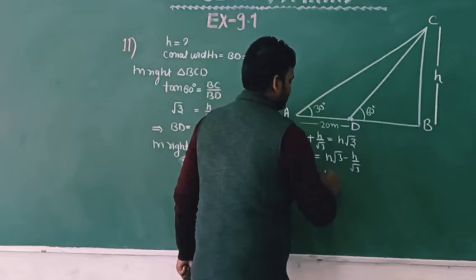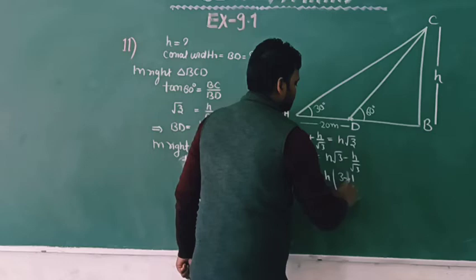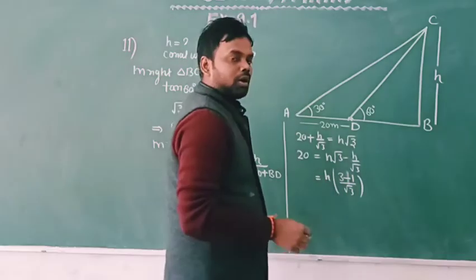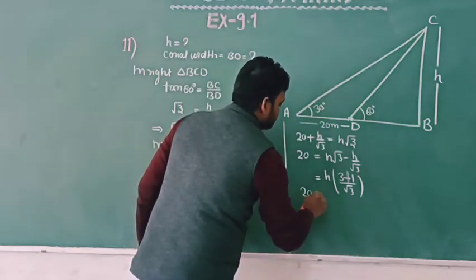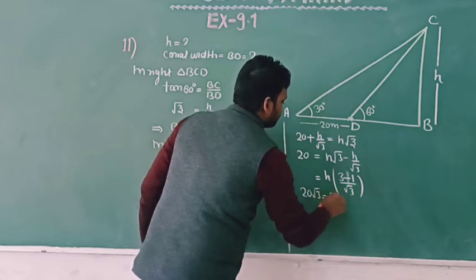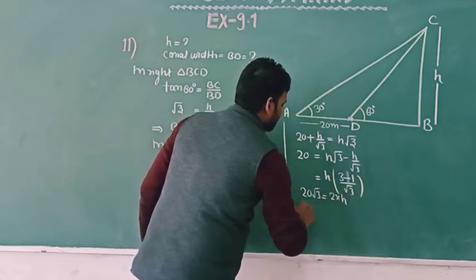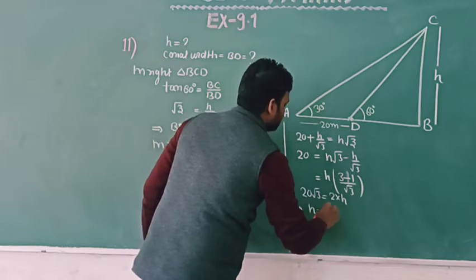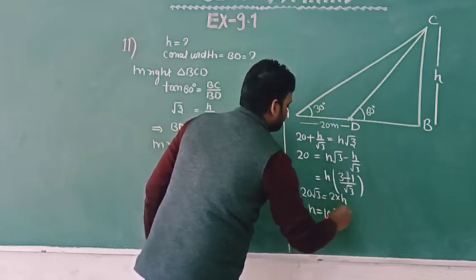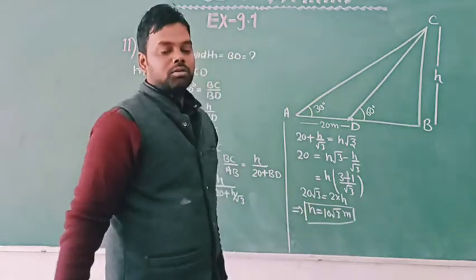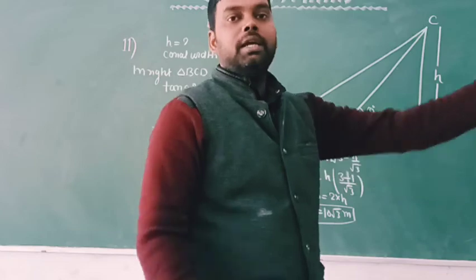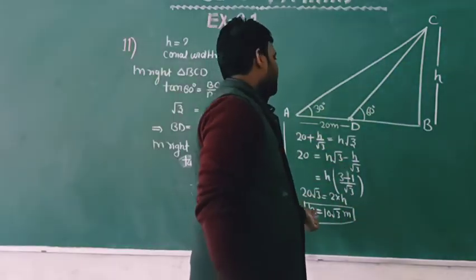Taking h common, this becomes (3 minus 1) upon √3. Finally this is h under √3 equals 2, so h equals 10 under √3 meters. So the height of the tower is 10 under √3 meters.